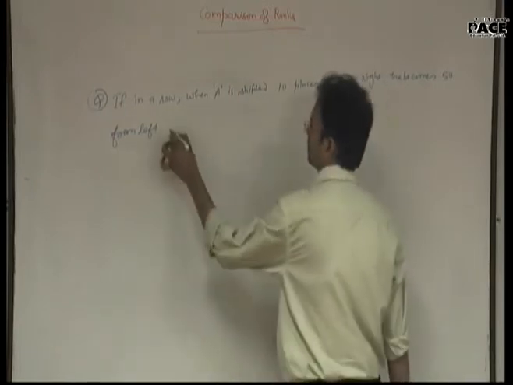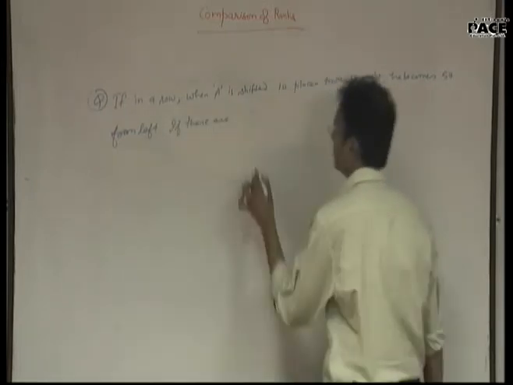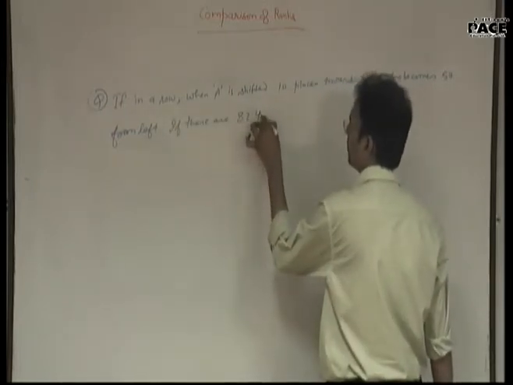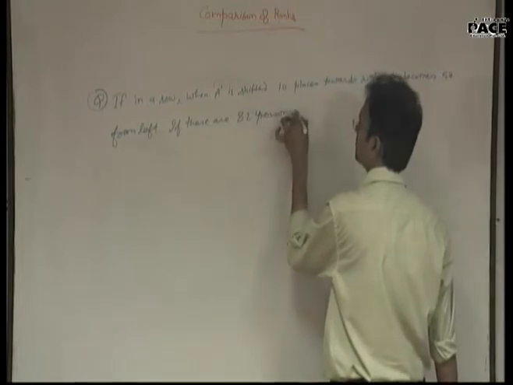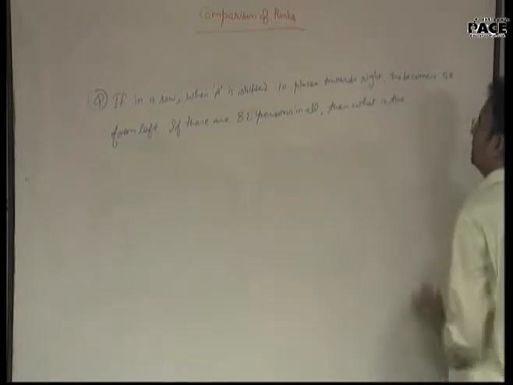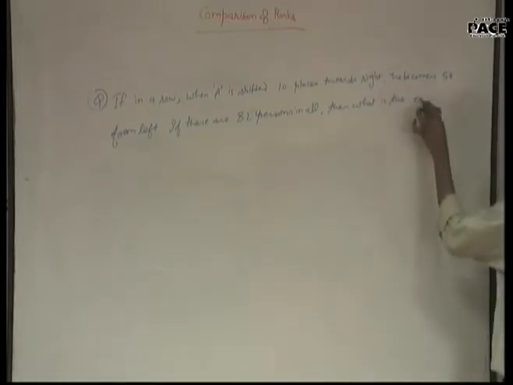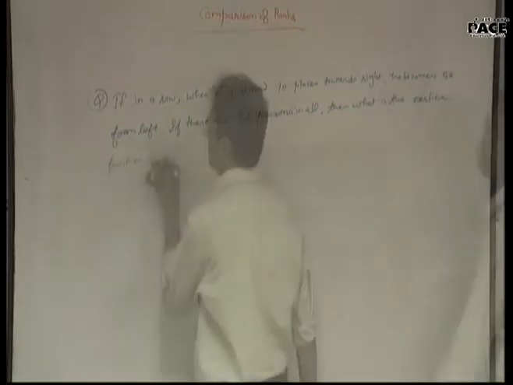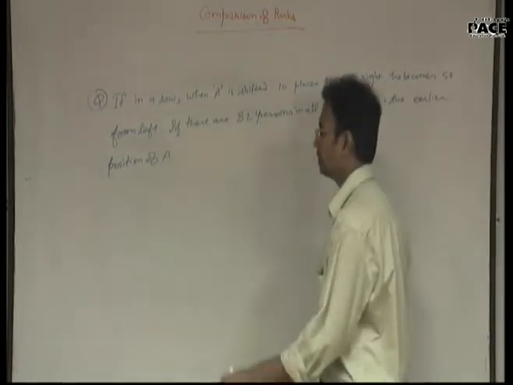If there are 82 persons in all, then what is the earlier position of A from the right hand side?